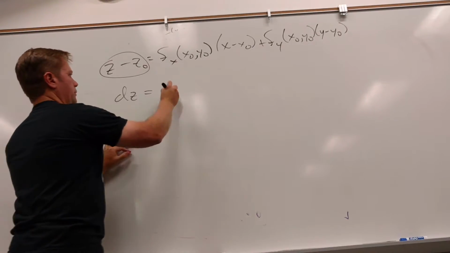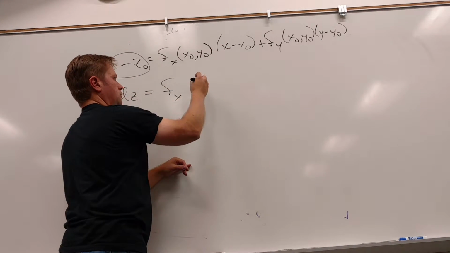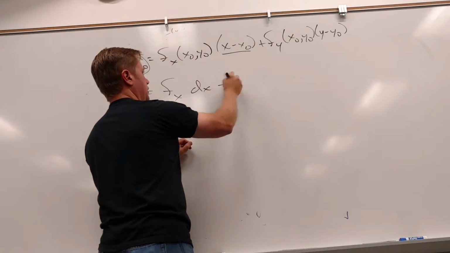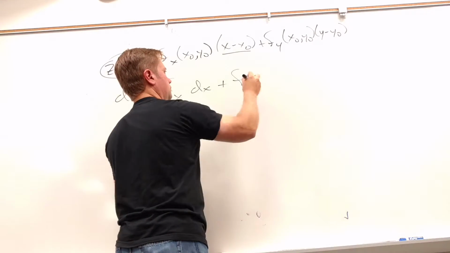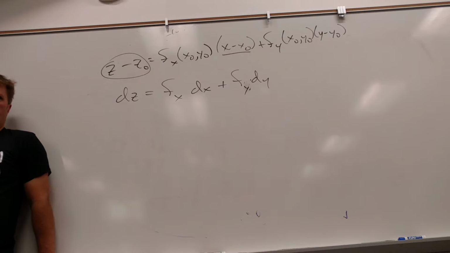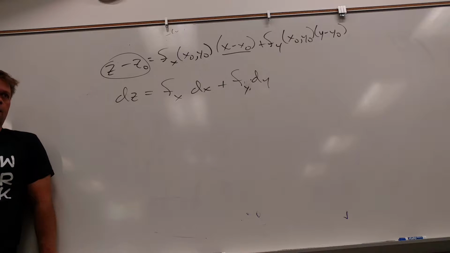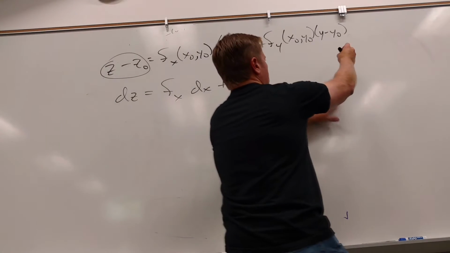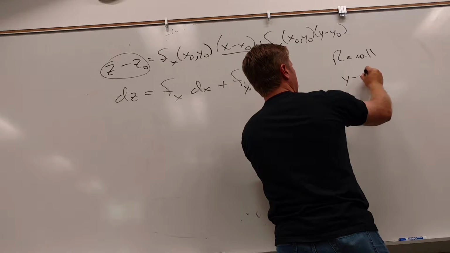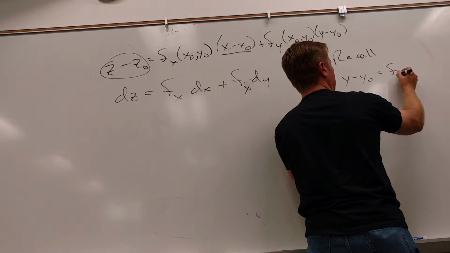So dz, let me just write this as fx, so I don't have to write all that. This I'm going to replace, of course, with, what do you think? dx. I'm going to let all these distances get really tiny. dy. Alright, is that cool? Now, if I want to write something kind of silly, let me see if you guys are cool with this idea.